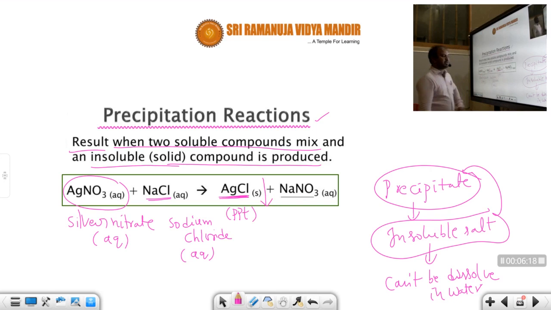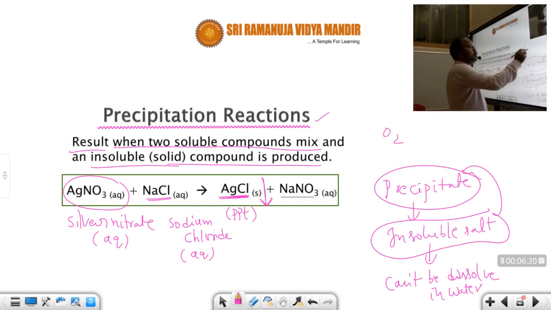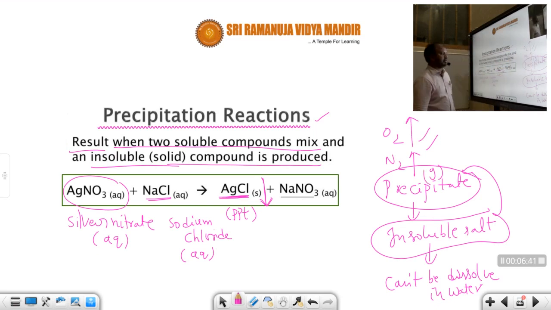Whenever a precipitate is formed in a chemical reaction, how to convey it in the chemical equation? You must put a downward arrow. An upward arrow means gas is released. O2 gas, how can you convey it in the chemical equation? Upward arrow. Nitrogen gas, upward arrow. Whenever an upward arrow is there, you know very well a gas is liberated from that reaction.